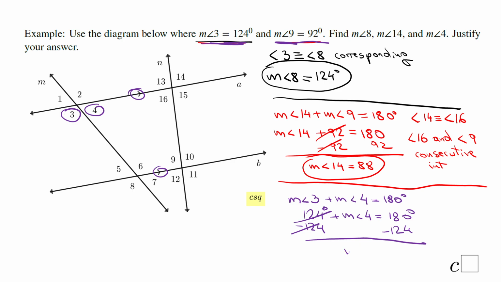And we have the measure of angle 4 equals 56 degrees. And that's it for this problem. Again, be careful. There are only two relations you can use, supplementary or congruent. Be careful which one you use.